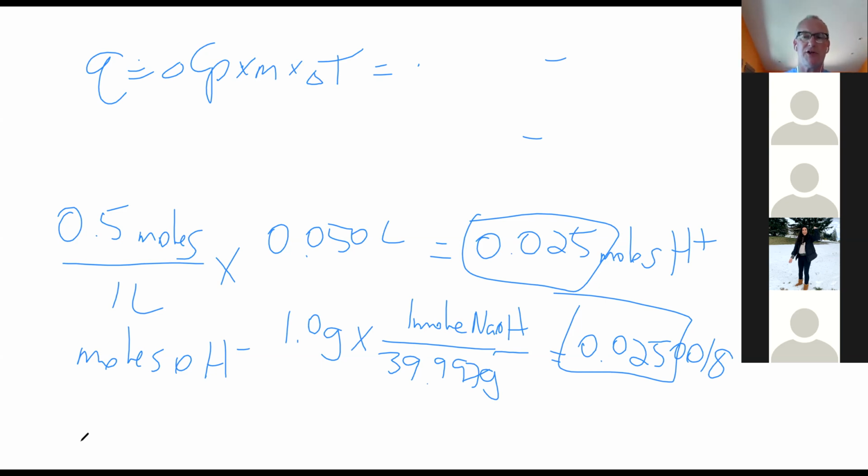In a way, we really should figure out what the heat capacity of 0.5 molar HCl is. But it's not going to be very much different from water because it's pretty much water with a small amount of something in it. So we are going to sort of cheat a little and just say that it's the same as water, but it might be slightly different. But it's going to be pretty similar. What's going to be my mass of water?